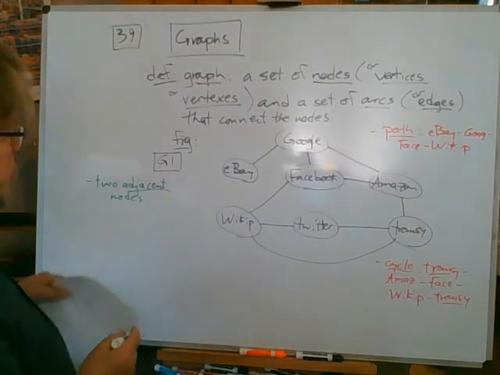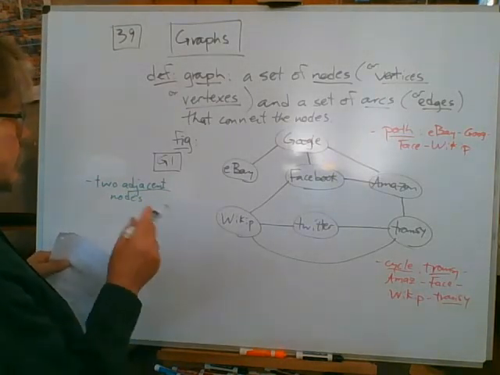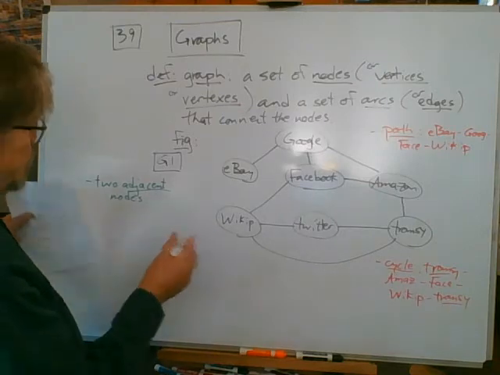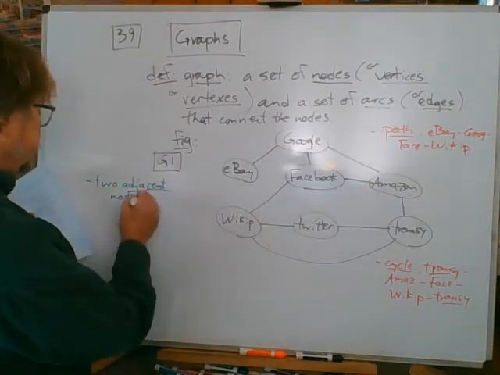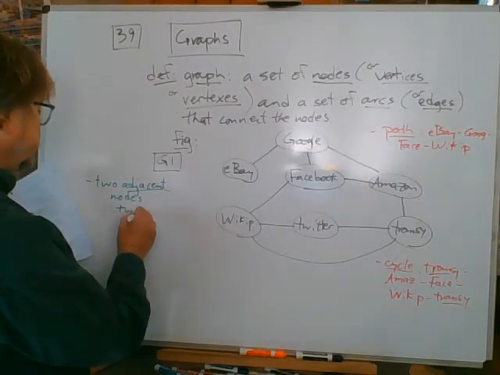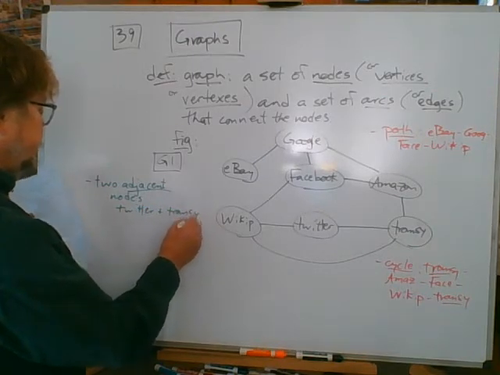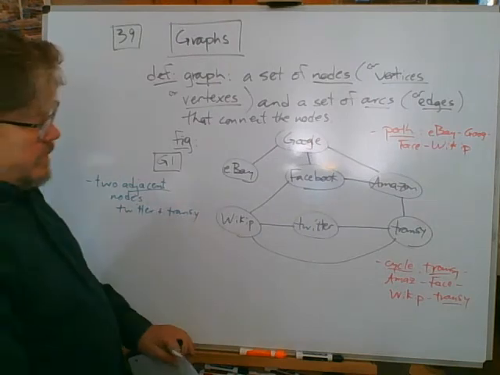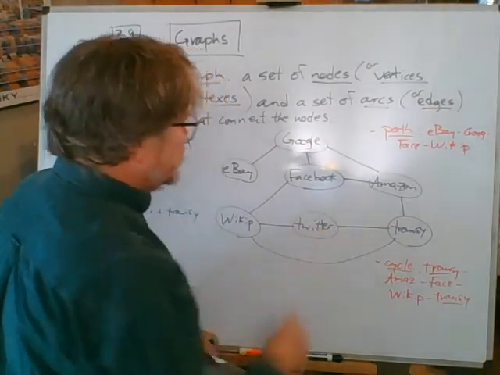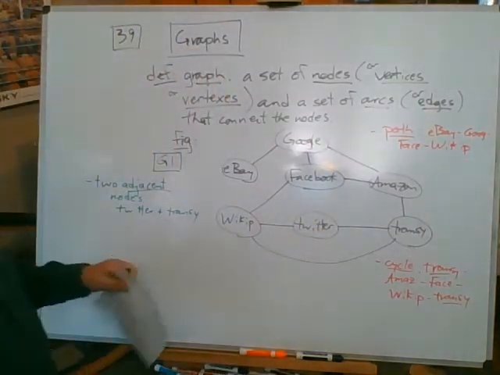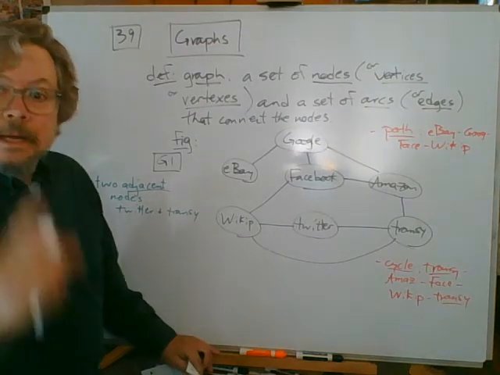I bet you can guess this one. Let me see, which one? Who's been neglected? Twitter. Poor Twitter. Twitter and Transy. Give me your best guess. Why do you suppose Twitter and Transy are defined to be adjacent nodes in this graph? Exactly right.